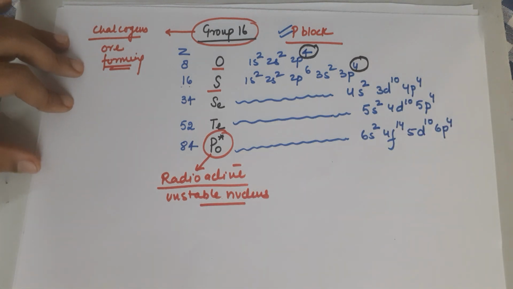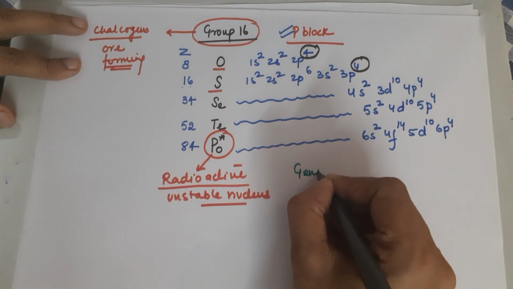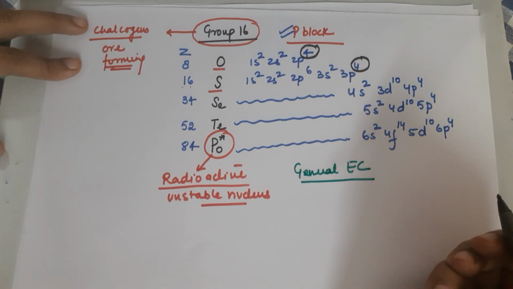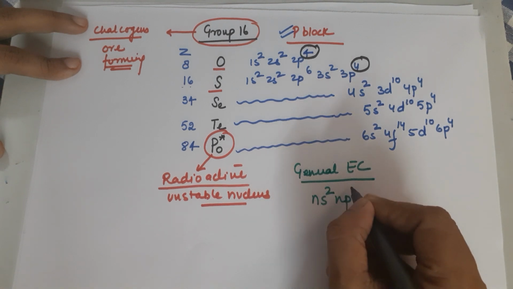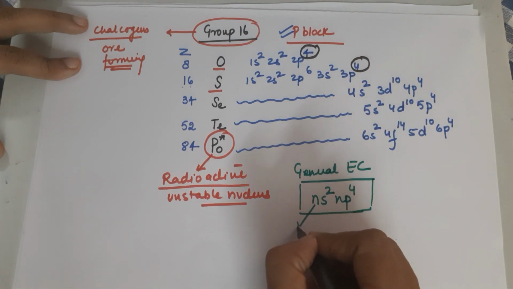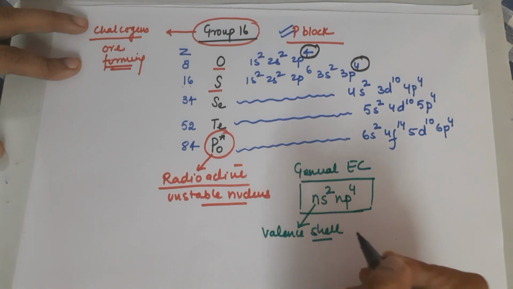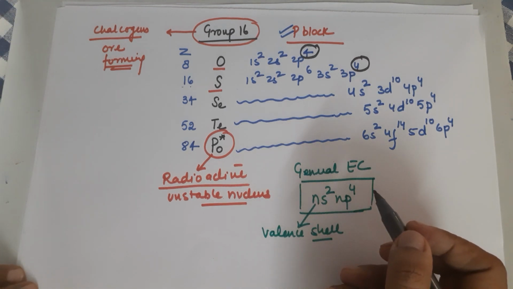So the general electronic configuration for group number 16 would be ns2 np4, where n is the valence shell or the outermost shell, which would have s electrons as 2 and p electrons as 4.